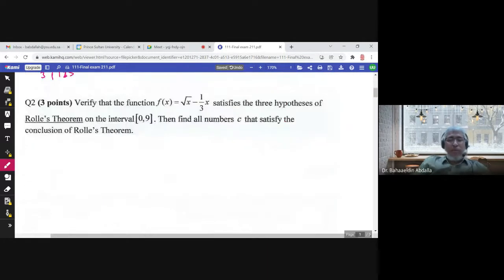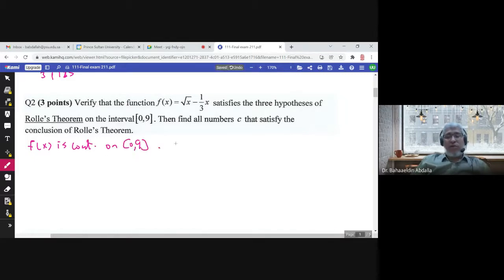Verify that the function satisfies the three hypotheses of Rolle's theorem on the interval from 0 to 9. If you remember, Rolle's theorem has three hypotheses. First, that the function f of x is continuous on the closed interval 0 to 9.